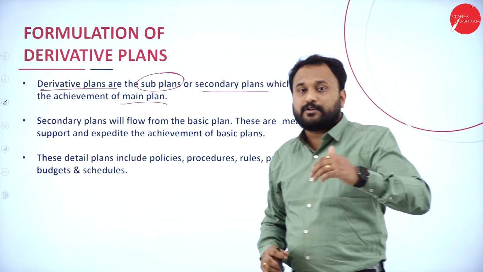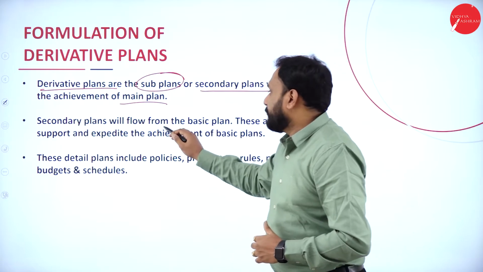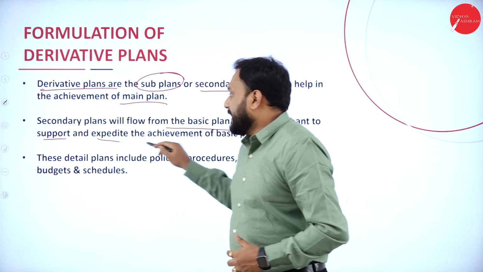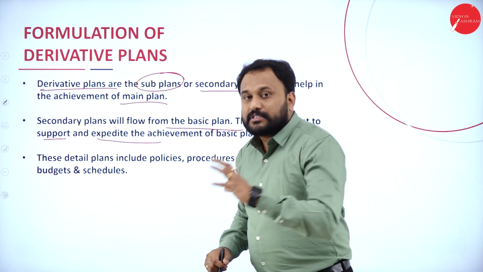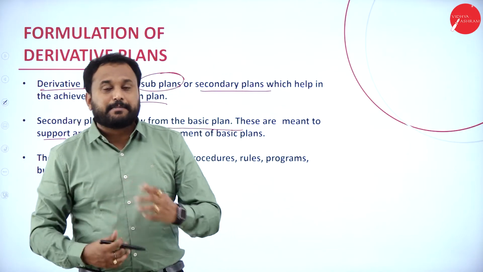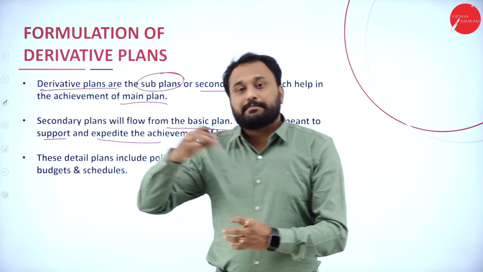To achieve a main plan, you will have many other derivative plans. Secondary plans flow from the basic plan. These are meant to support and expedite. When you achieve the secondary plan, it makes sure that you will achieve the main plan as well.